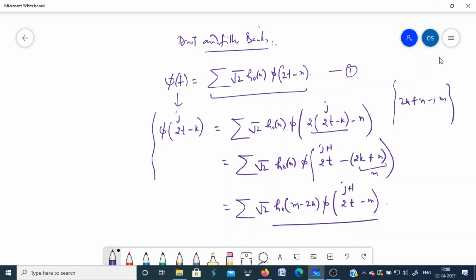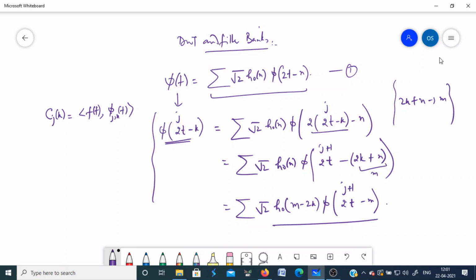We have seen that if the scaling and the wavelet functions form an orthogonal set, in that case these coefficients c_jk can be obtained as the inner product of this function f(t) with the scaling functions.